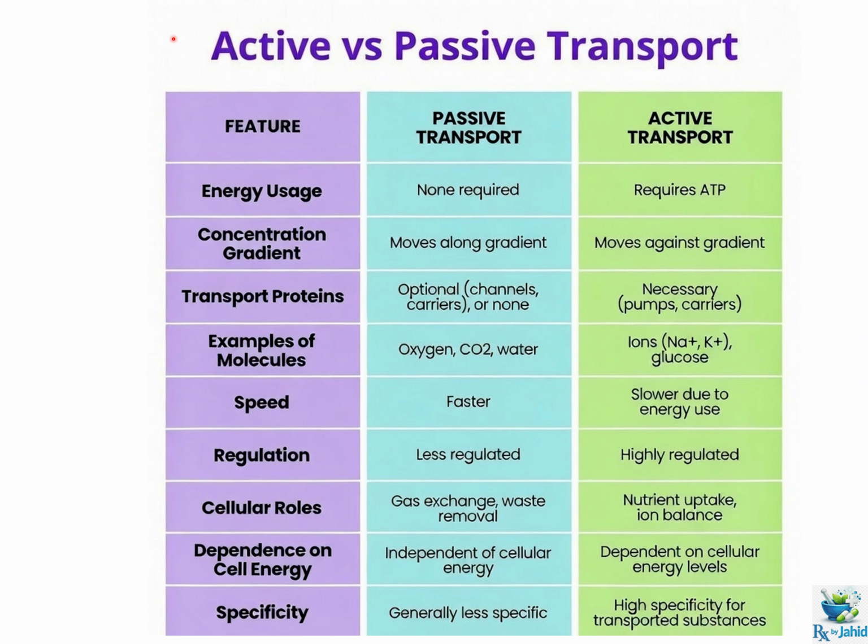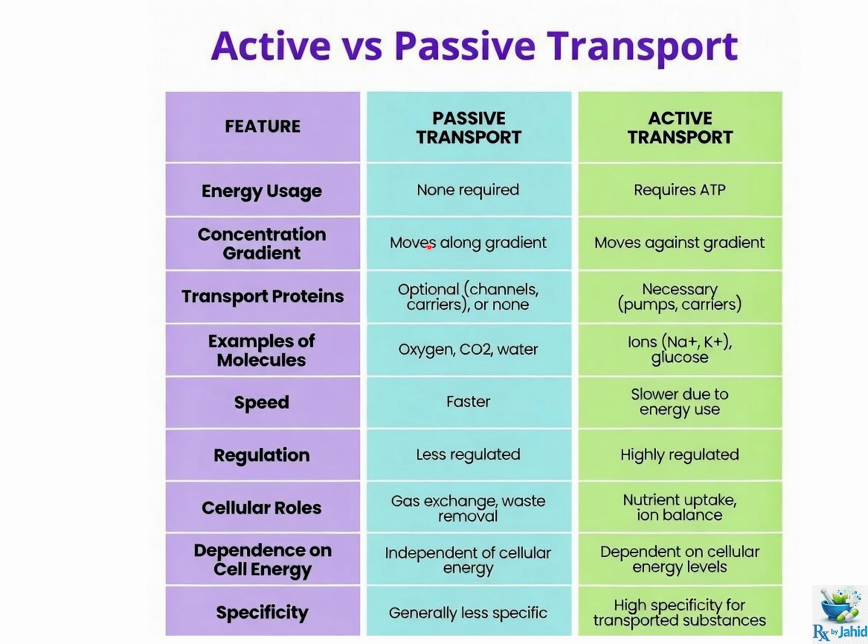Here we can have a general idea about these transport systems by looking at their comparison. As we have already understood, active transport requires ATP, but passive transport doesn't require any ATP. Passive transport usually follows Fick's law of diffusion. We'll discuss this later.